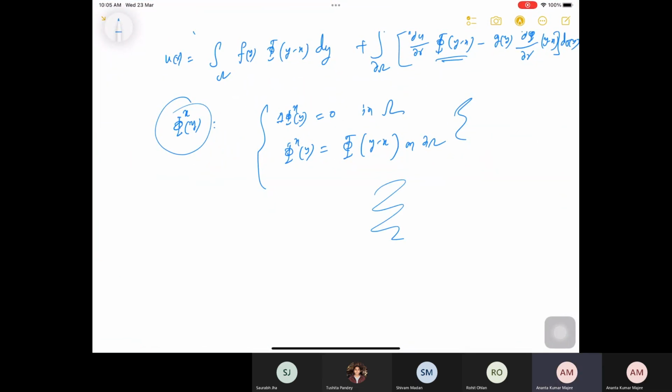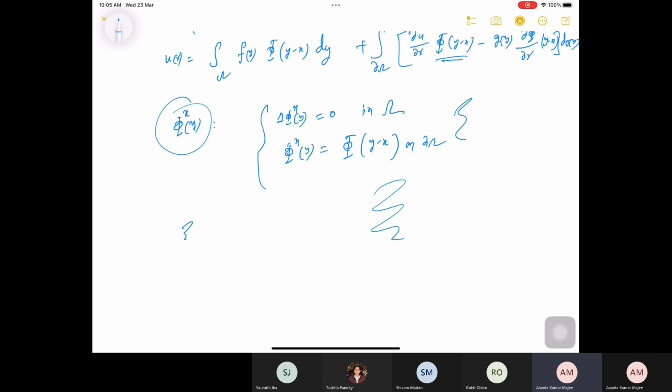Nice, okay. So the correction function I want, phi x y, is such that it is harmonic in omega, and phi x y should be phi of y minus x on the boundary, where phi is the fundamental solution of the Laplace equation in Rn. So what I can do from here is use the integration by parts formula again, because I know that Laplace of phi x y is equal to 0.